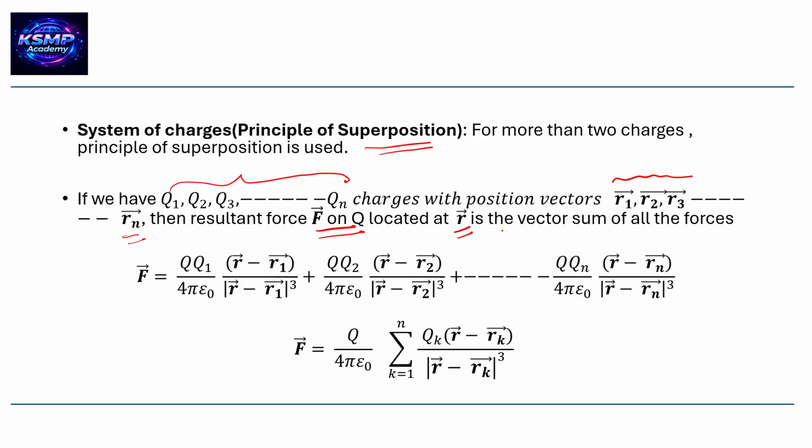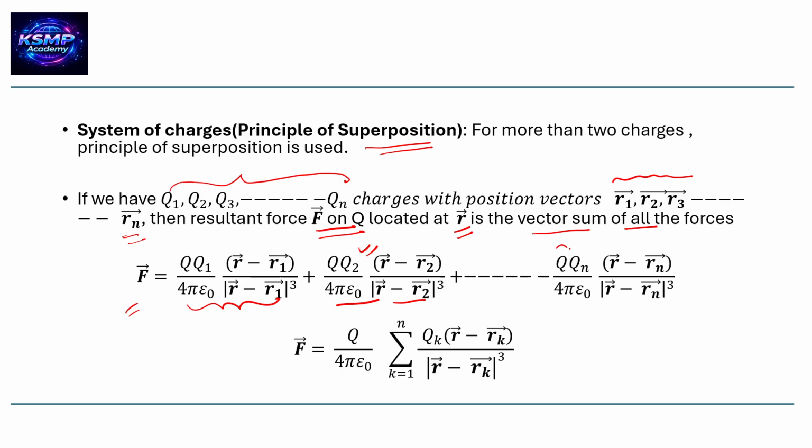So what will it be? It will be the vector sum of all the forces as per the principle of superposition. So let us see the net force. So first term as per Coulomb's law in vector form, Q1 upon 4 pi epsilon naught, R minus R1 and R minus R1 Q. Similarly, you see the second term. This is for the force due to the second charge, that is Q2, force between Q and Q2 and so on.